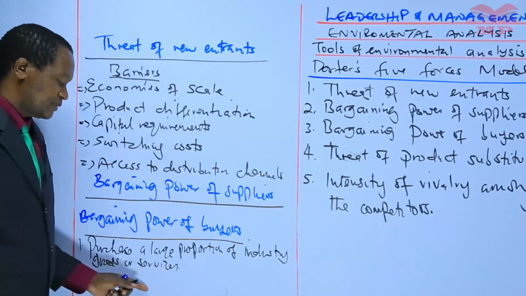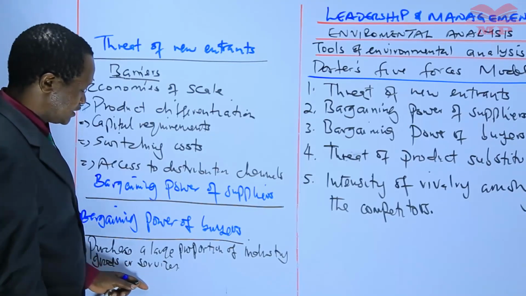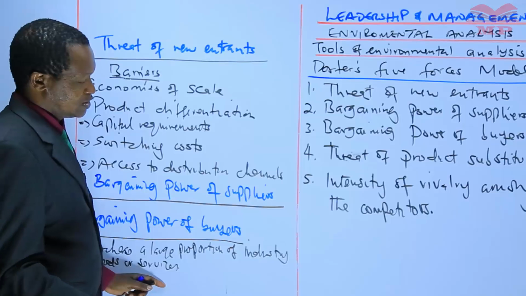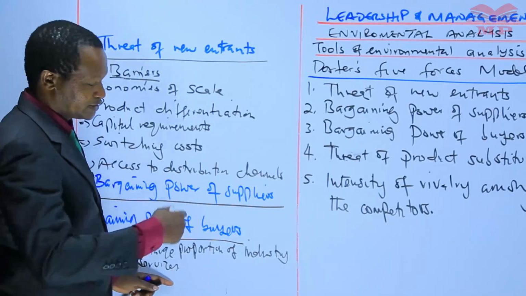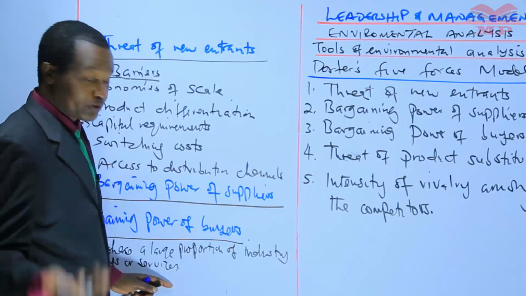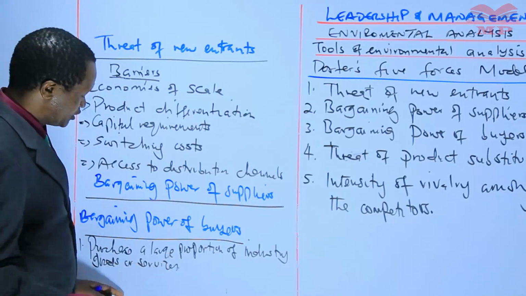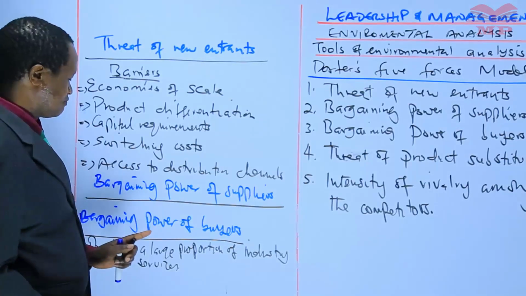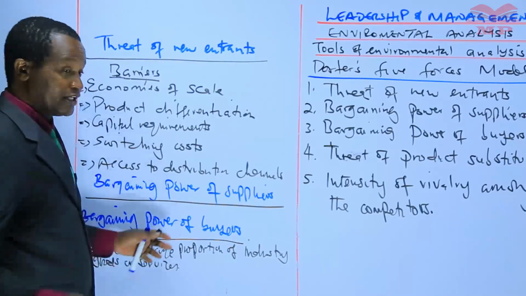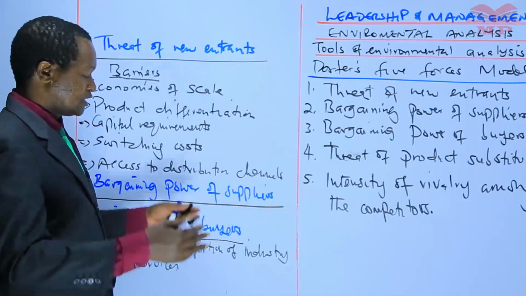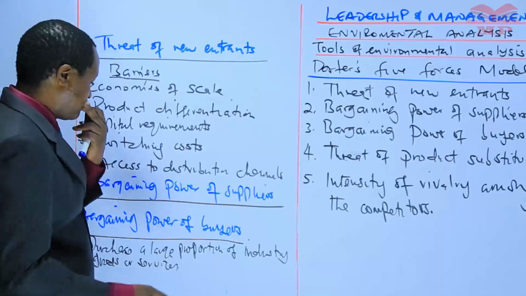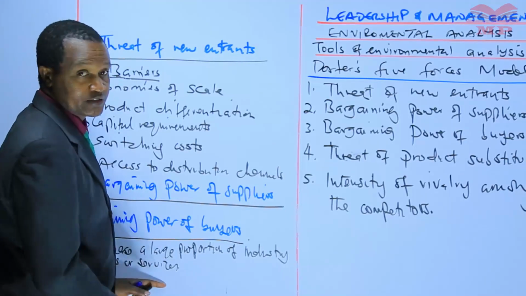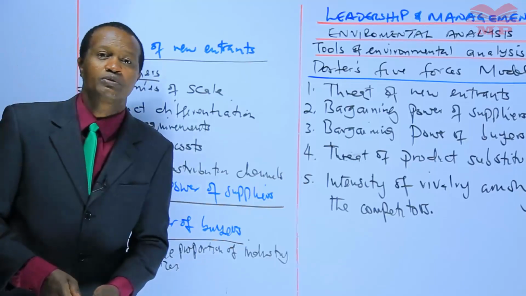If out of the 100% of the services or goods that are offered by an industry, we have two buyers who can manage to buy around 70 or 80% of the products, then that is a condition that can make buyers have immense bargaining power. They can bargain for high quality goods at a lower price because they have the power to do so. Because if they fail to buy the goods from that industry, it means 70% of the products will not be sold.